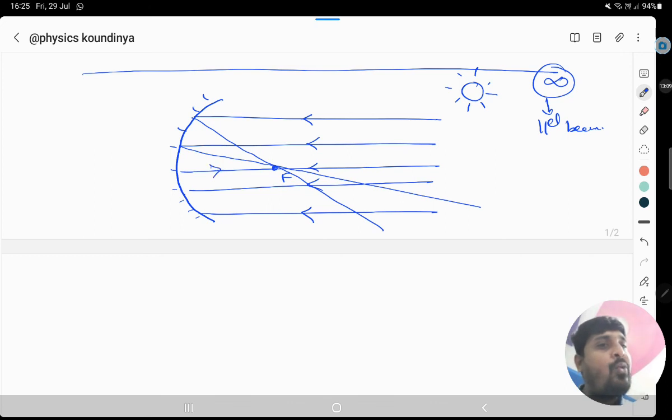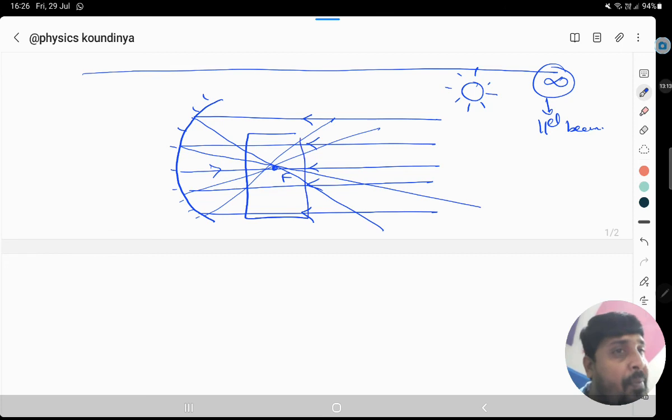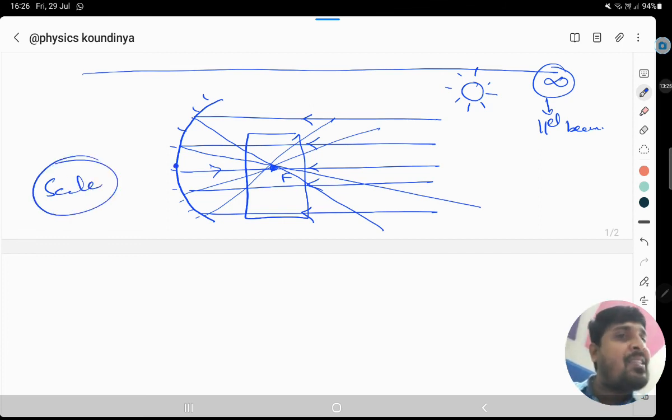So if we take a piece of paper and place the paper here, then the paper is going to burn. Because the parallel rays are going to intersect at F, and with the help of a scale we can measure the distance between this point and this point, and this is what we call focal length. That means focal length can also be obtained in the presence of sunlight.